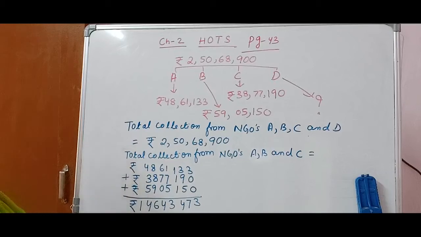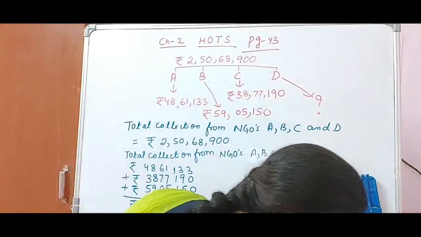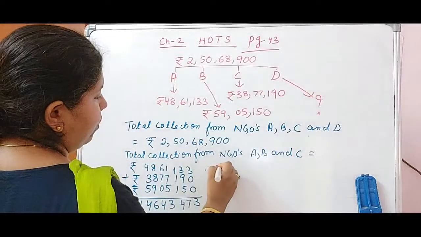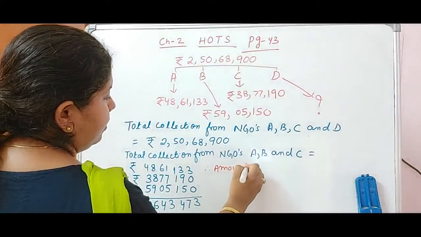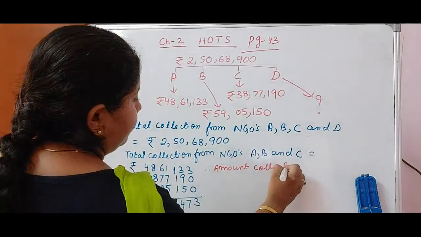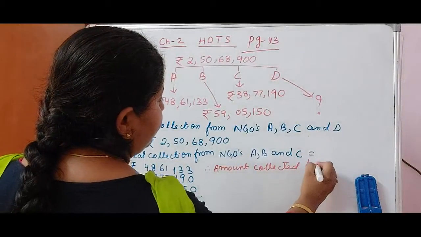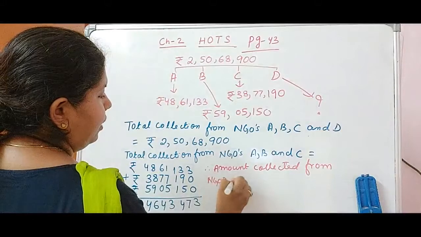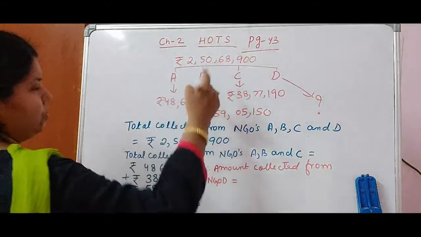Okay, next is what is the amount that is collected by NGO-D? This is the last line that we will write. Therefore, amount collected from NGO-D equal to, we will subtract this total.